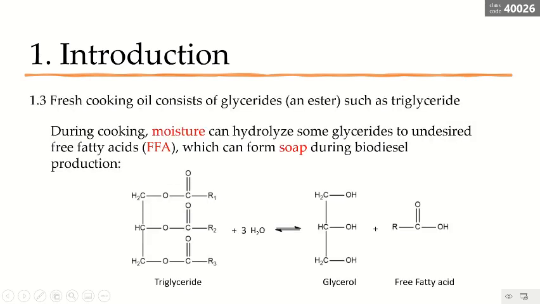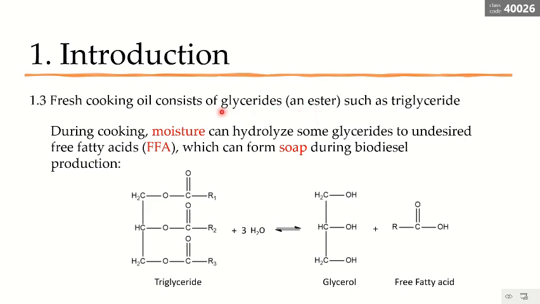For the fresh cooking oil, the main components or main compounds actually are the esters. Okay, it's called fatty ester. The common one is the glyceride. I will use the pointer so we can see clearer here.